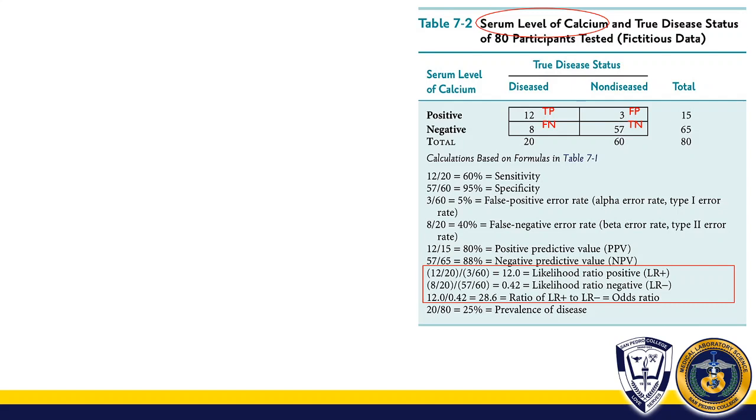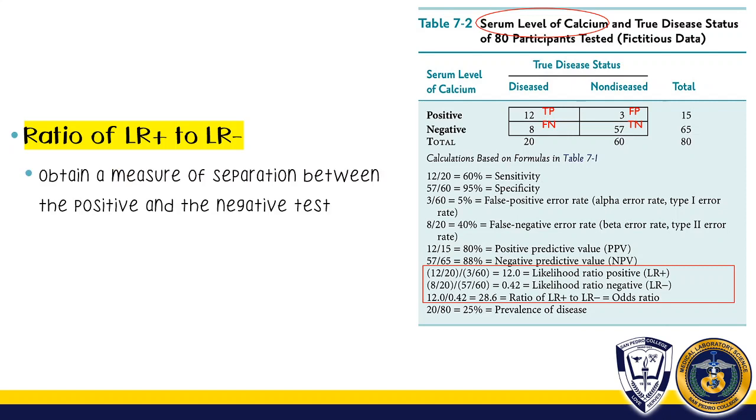Next, other than getting your likelihood ratio positive and your likelihood ratio negative, pwede po nato kuhaon actually ang ratio sa inyuhang LR positive sa inyuhang LR negative. So how do we do that? Just try to look at kanina part, kaning pinakababa. Gi-divide lang nato na inyuhang LR positive divided by your LR negative.